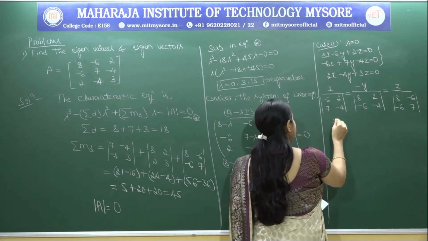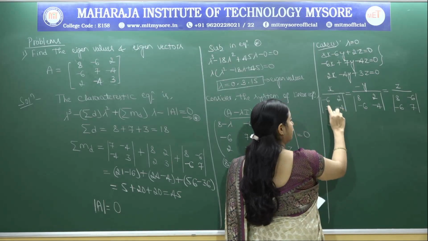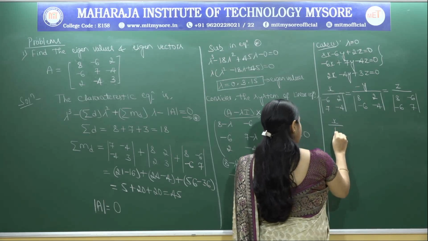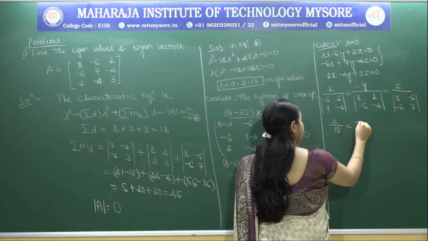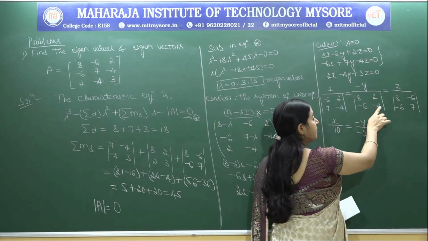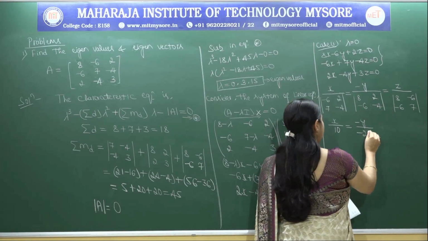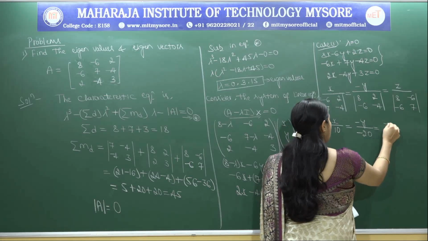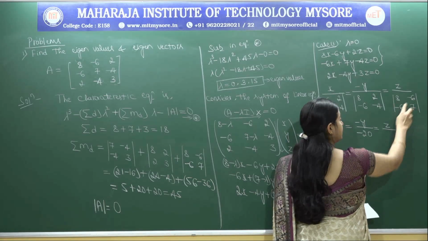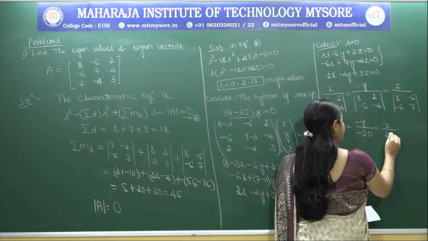Then solve this: x divided by 24 minus 14, you will get the answer as 10. Second one, minus y divided by minus 32 plus 12, you will get minus 20. Third one, z divided by 56 minus 36, you will get 20.